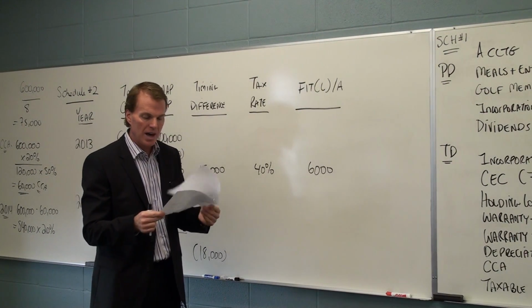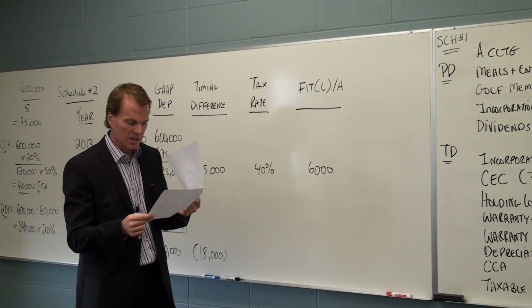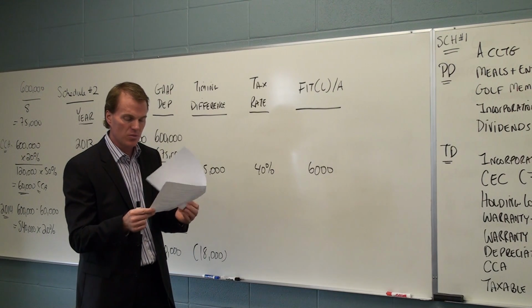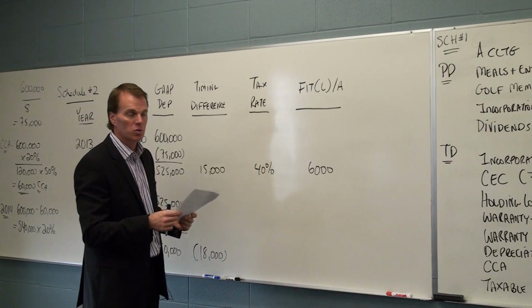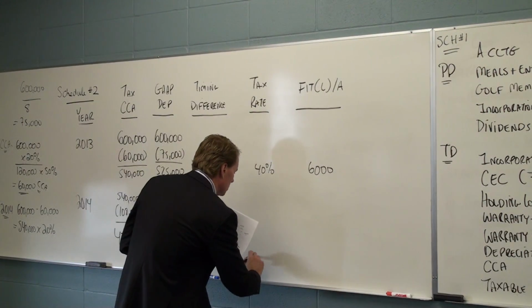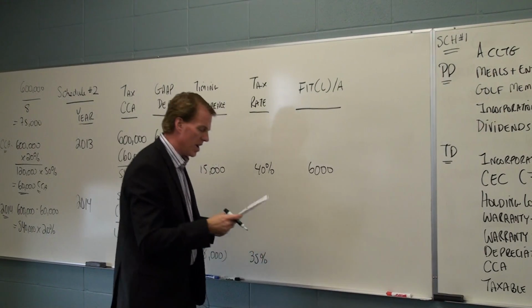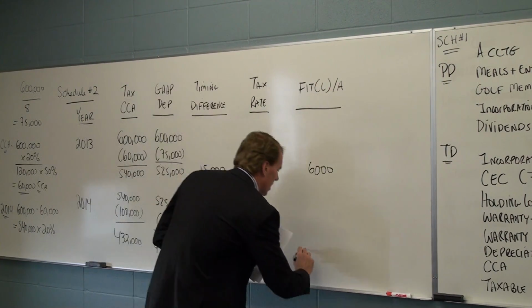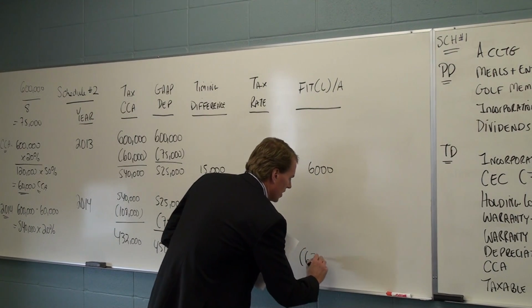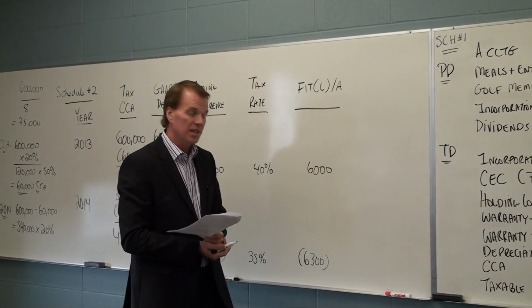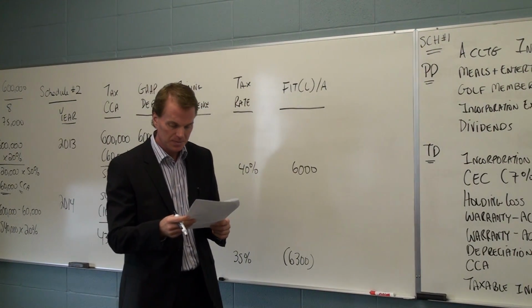So we're told that in 2015 the rate will be 35%, and we know this information before we issue the 2014 financial statements. So we'll use the 35% rate because that is where it's going to reverse itself out, and therefore our ending value there for Schedule 2 will be $6,300.